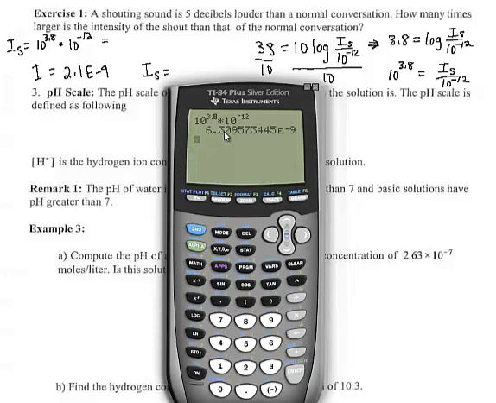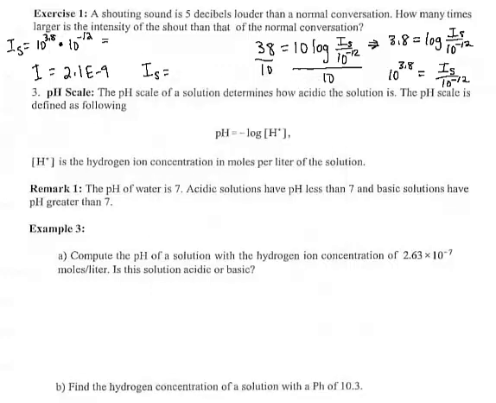I'll round it to 6.31. E means times 10 to the negative 9. So this intensity of the shout is 6.31 times 10 to the negative 9.